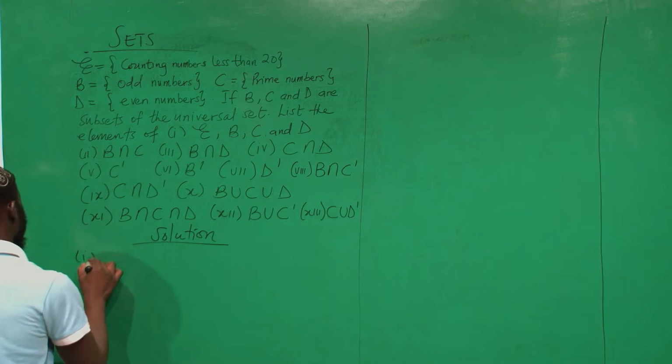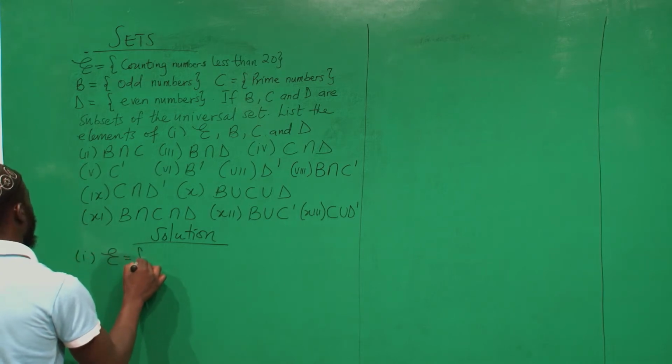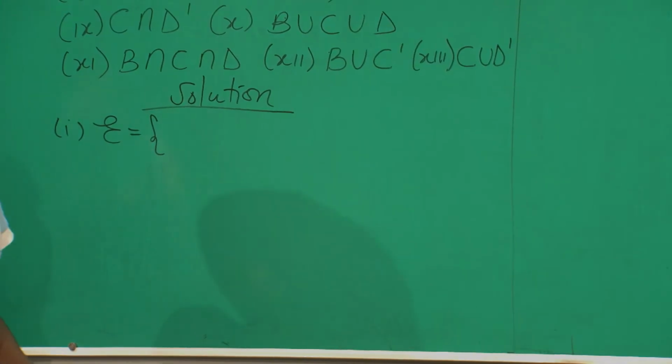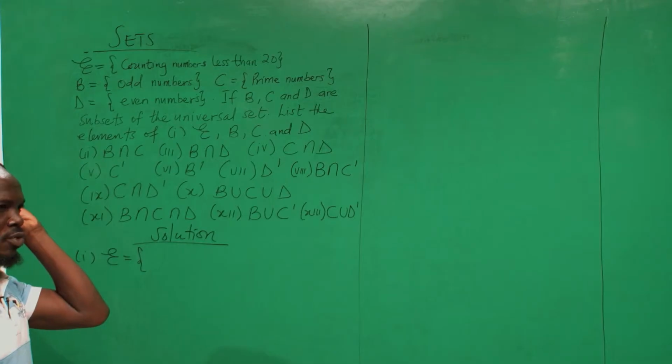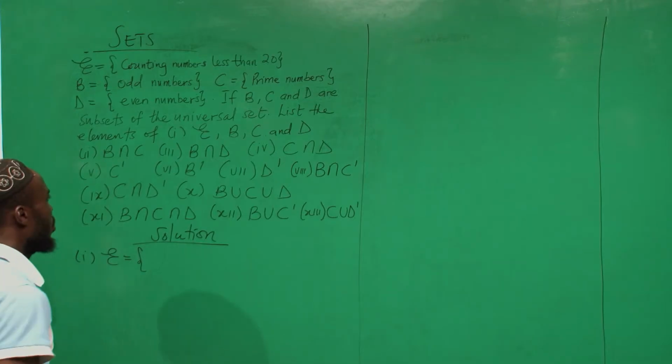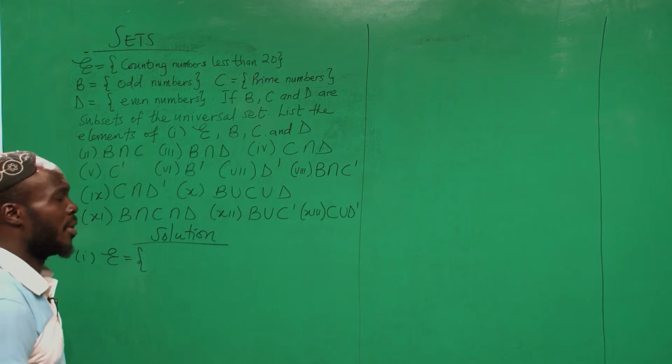So we have I, the universal set. We said counting numbers less than 20. What are counting numbers? They are numbers that start from 1 and end at infinity. Students who start from 0 will get it wrong because with the 0, it makes it a whole number.